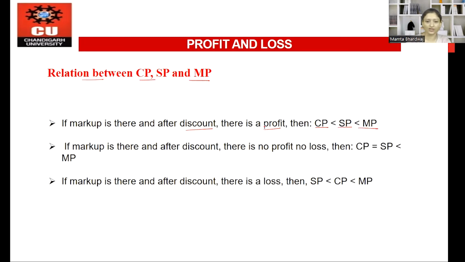If there is no profit, no loss, it means the selling price is equal to the cost price, and both are less than the marked price. Now, if markup is there and after discount there is a loss, then the selling price is less than the cost price, and the cost price is less than the marked price.